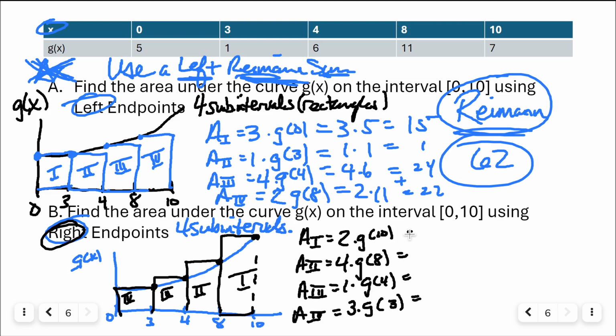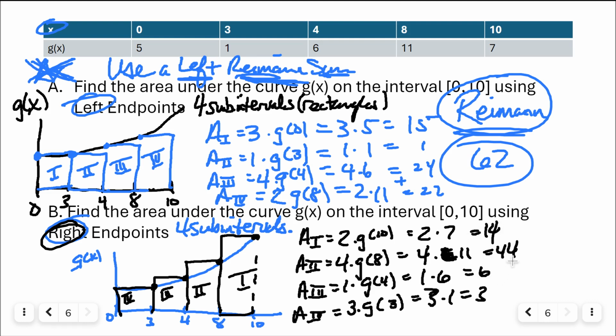So let's come back to our chart. 2 times g of 10, 7. 4 times 11. Then we have 1 times 6. And then we have 3 times 1. So that's 3, that's 6, 44, 14. These two make 50. And 17, 67.